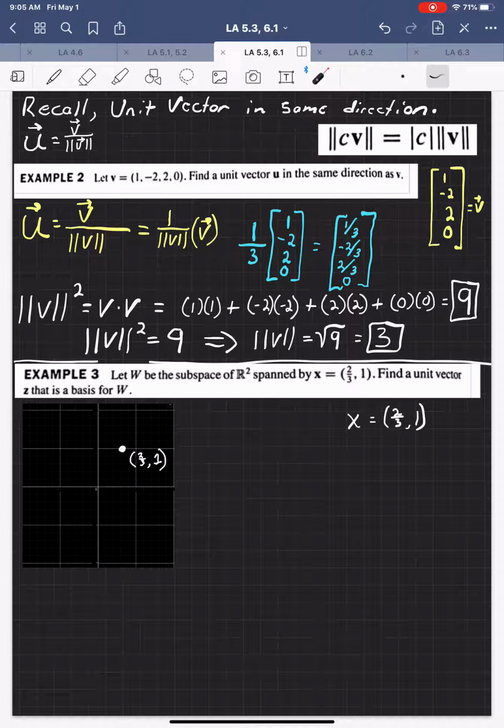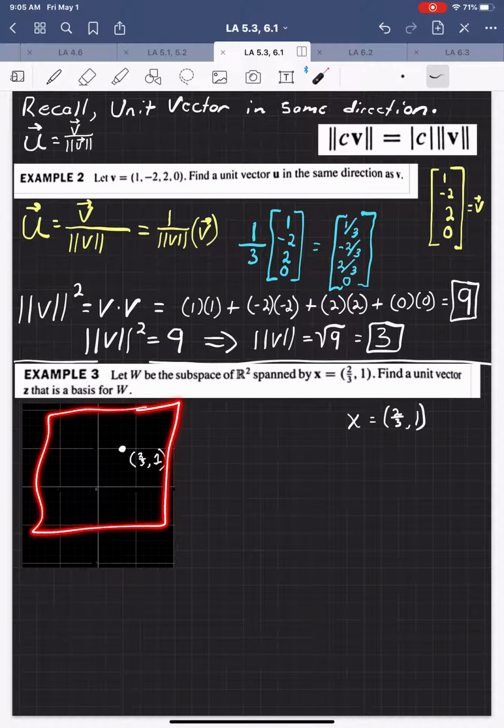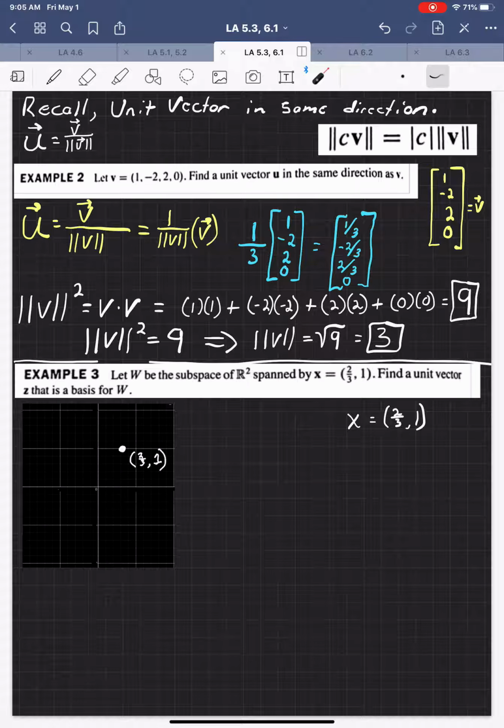But remember, W is a subspace of R2. So W should exist somewhere in here, right? Somewhere in R2.